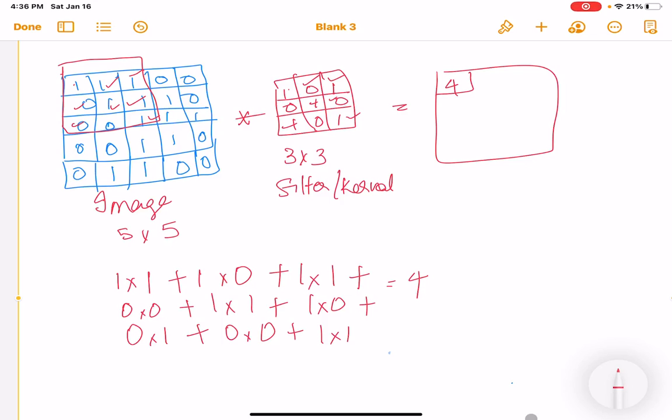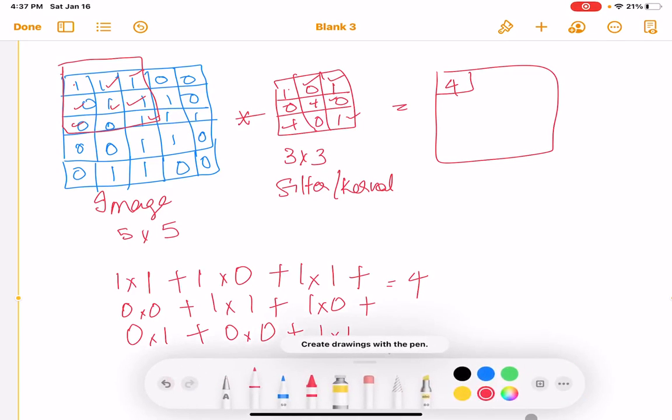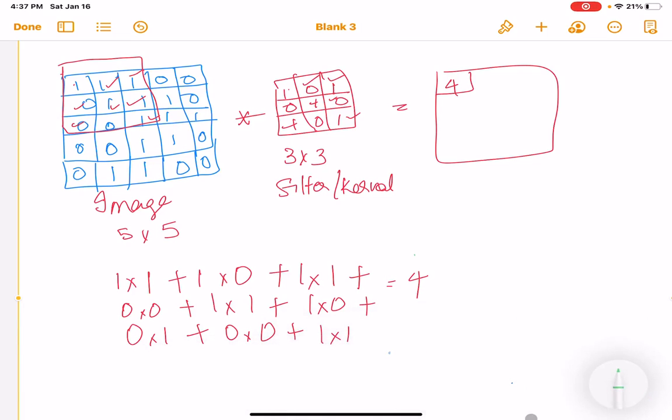And as I have mentioned, we execute a convolution by sliding the filter over the image. So my next will be this particular local receptive field, and I do the same process.